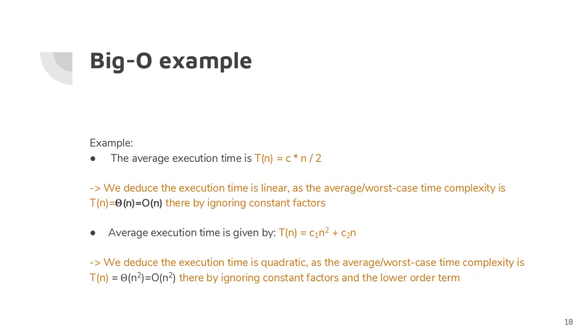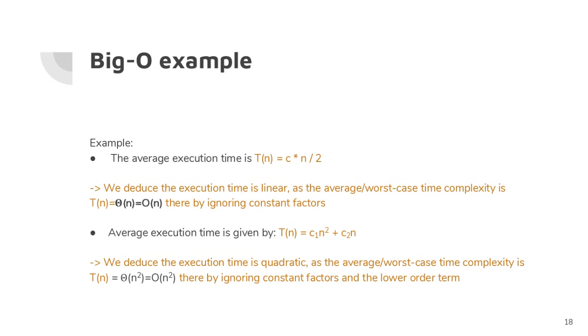So we ignore constant factors. The c, also dividing by 2, is a constant factor, so we ignore it. We just say the complexity is O(n), and the average time complexity is also theta(n).